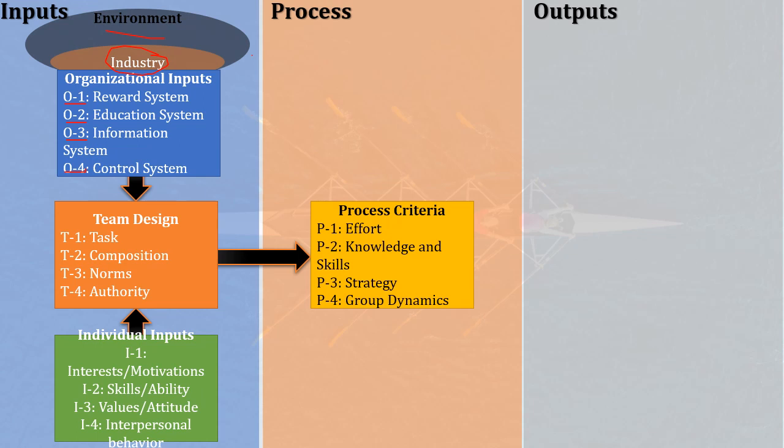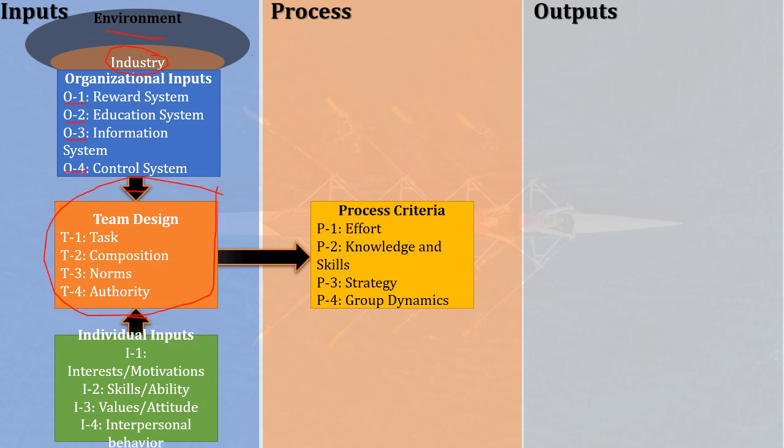So if you take into consideration, inputs are organization inputs, team design, and the individual inputs. Now if you see the arrows, what these arrows mean is, based on the organizational inputs and individual inputs, a team is designed.